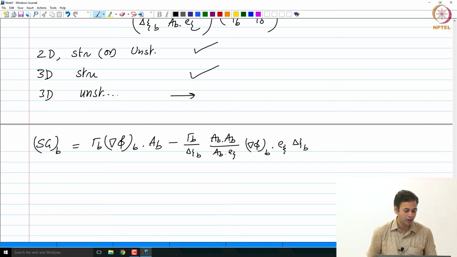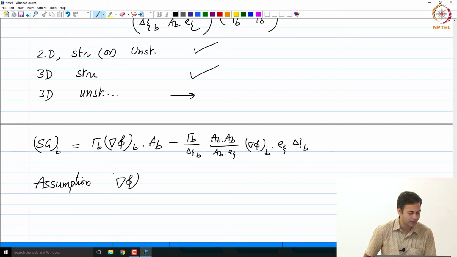Now, I do not have the gradient of phi on the boundary face to calculate as a linear interpolation of the two cells. So, I would make an assumption here, and I would say that the gradient of phi on the boundary face would be just equal to the gradient of phi of the cell C 0, because I do not have a gradient on the other side.